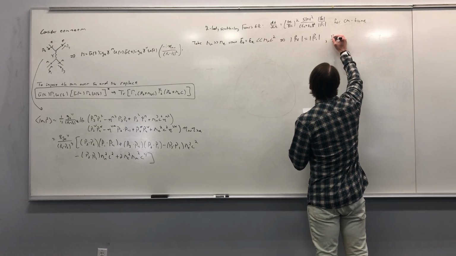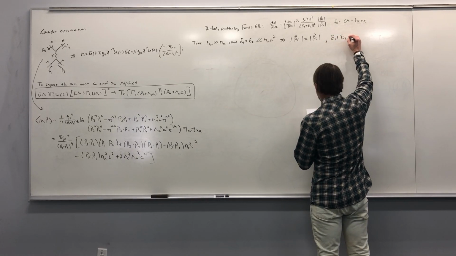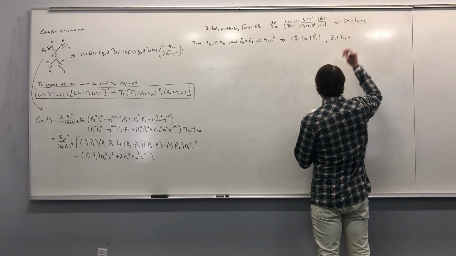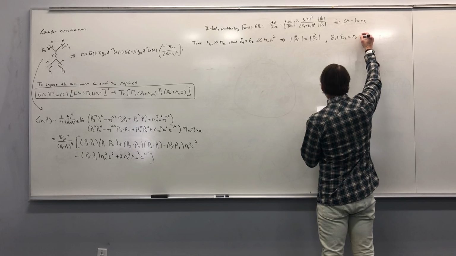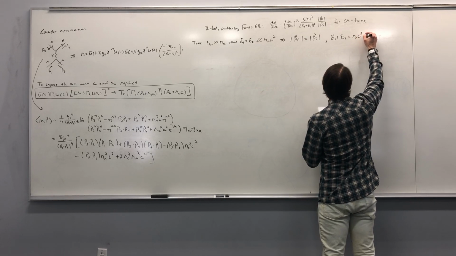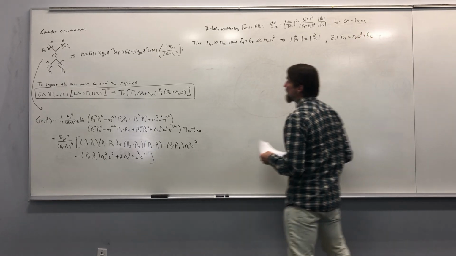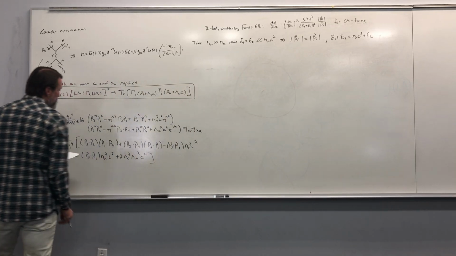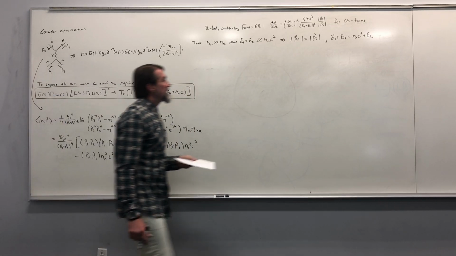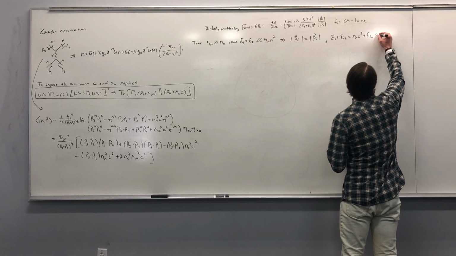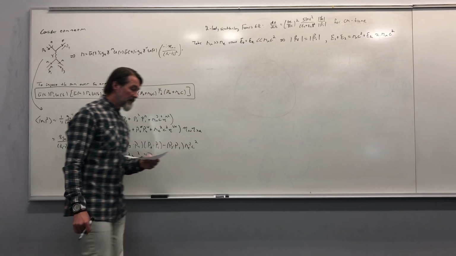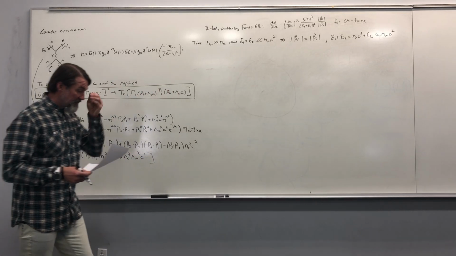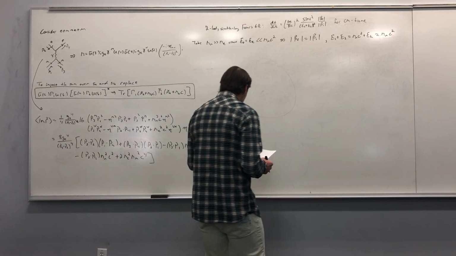Furthermore, we can say that E1 plus E2, well, I can just approximate the overall energy of the muon, since it's at rest, by the rest energy. This is approximately m_mu c squared, because again, the energy of the incoming electron is very small compared to the rest energy of the muon.